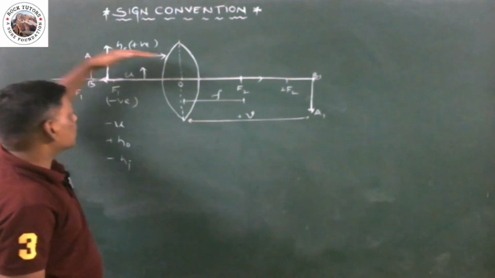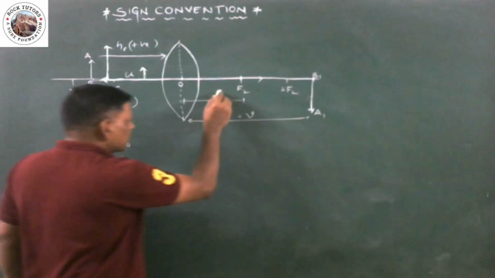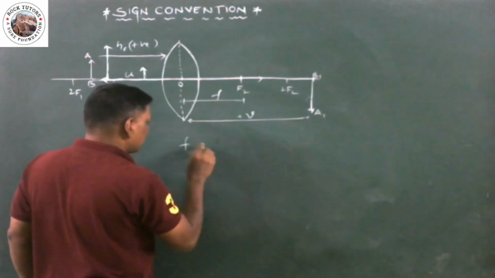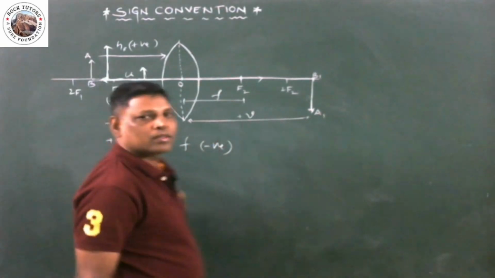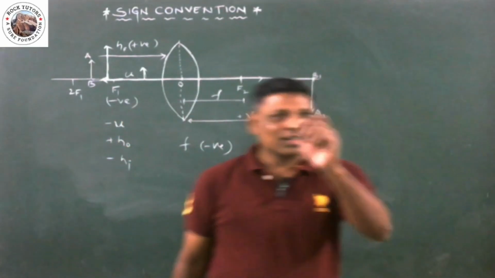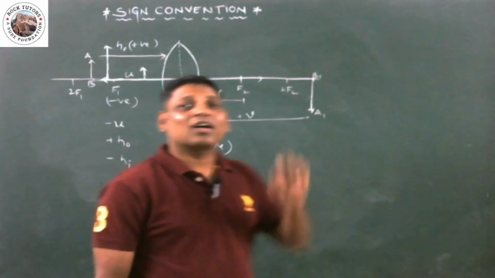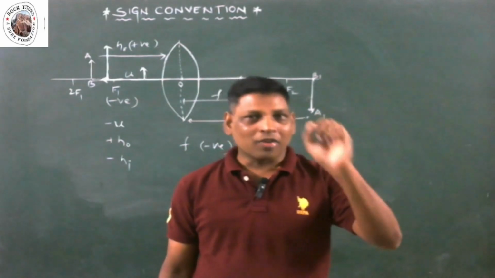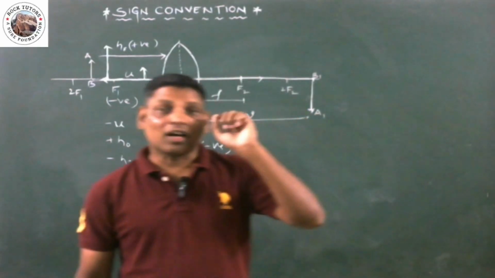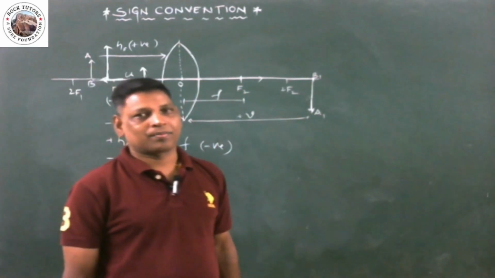Because both are moving in the same direction. So f is positive. Note this point: for a convex lens, focal length is always positive.